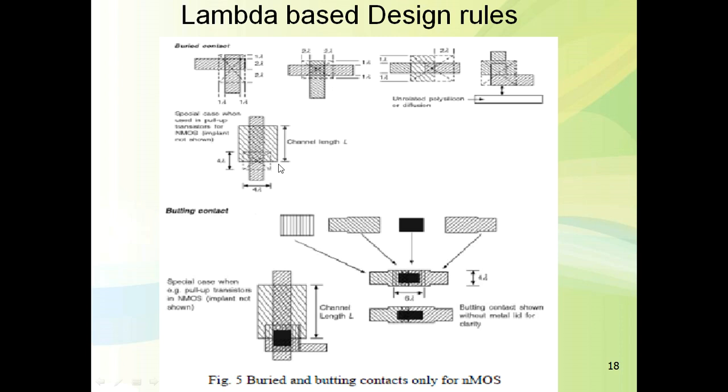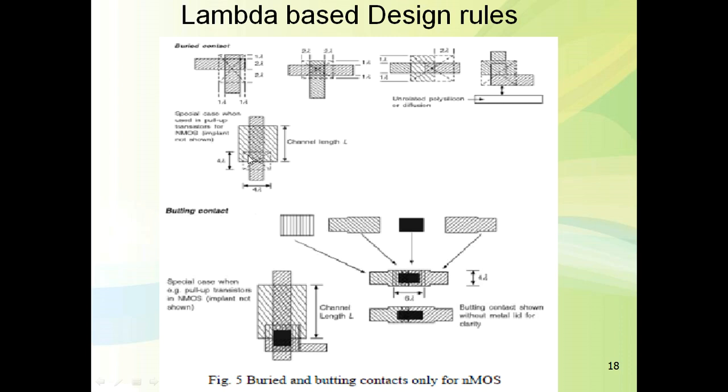Okay, so buried contact in transistor, here it is shown, buried contact in transistor. So here it is a depletion mode transistor, and this is poly, and this is n diffusion.